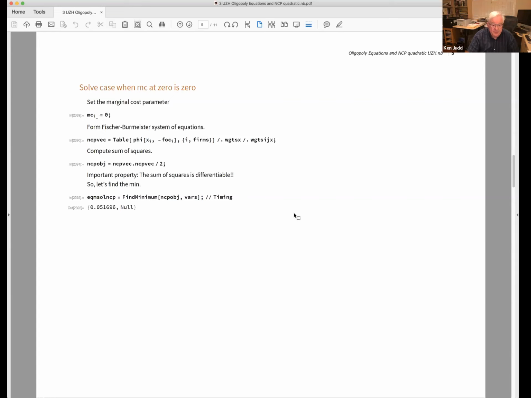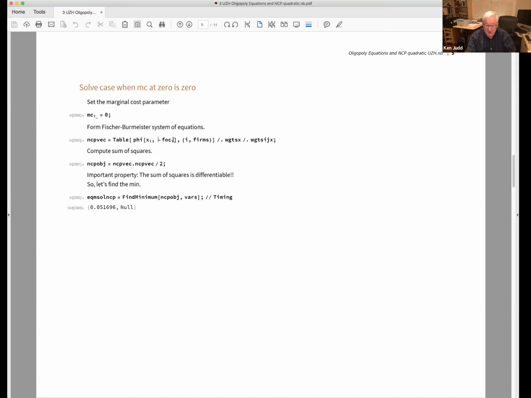Now, by the way, you have to orient these things. So for my Fisher-Burmeister, I'm going to want the xi's to be non-negative, and then I want the first order conditions to be non-positive.